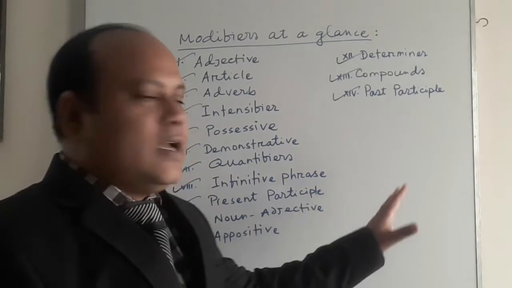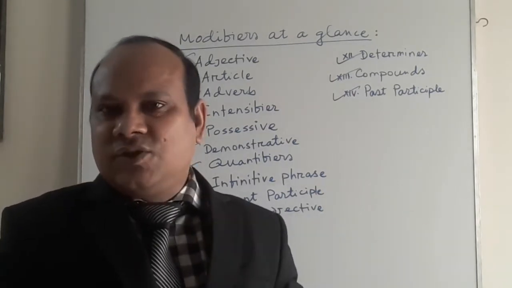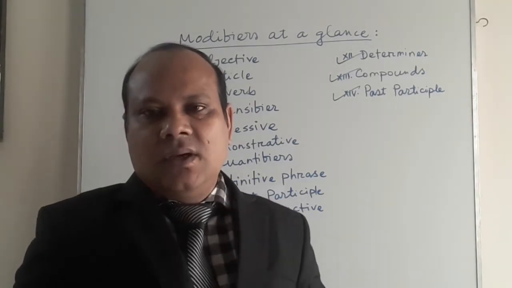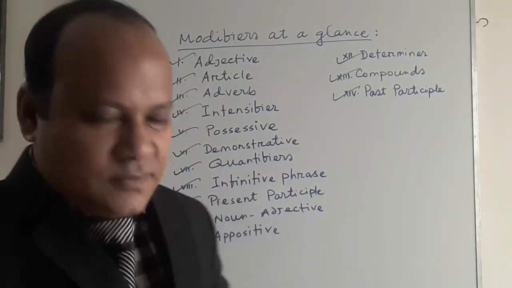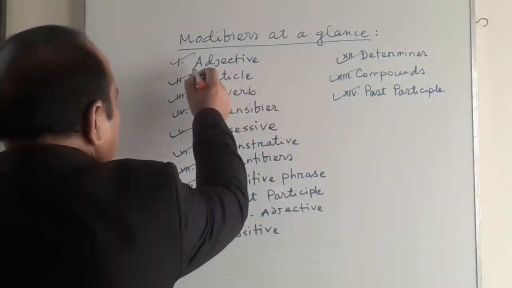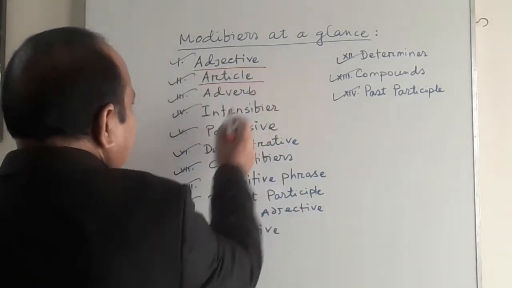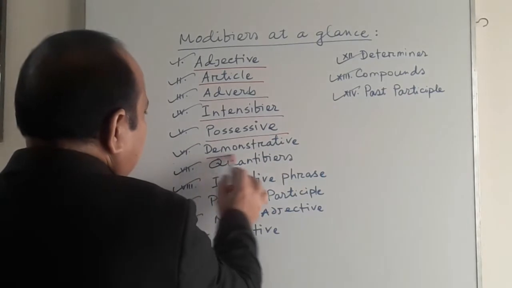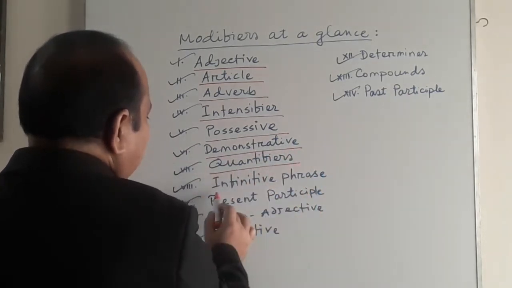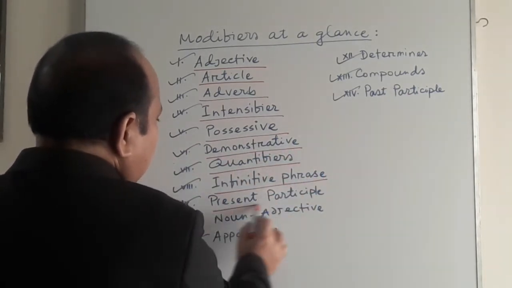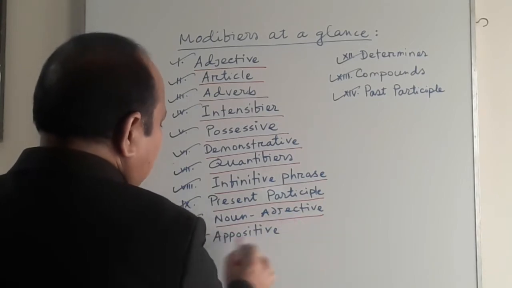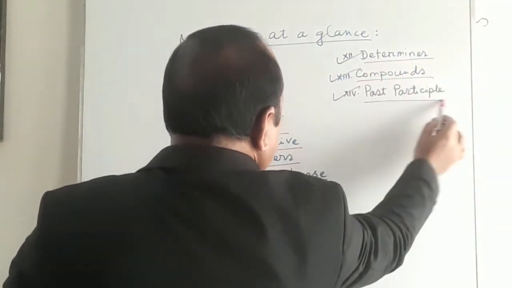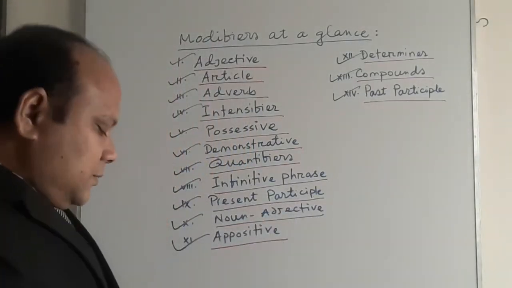These 14 items are asked to use in brackets. What are those items? Adjective, article, adverb, intensifier, possessive, demonstrative, quantifiers, infinitive phrase, present participle, noun adjective, appositive, determiner, compounds, and past participles.